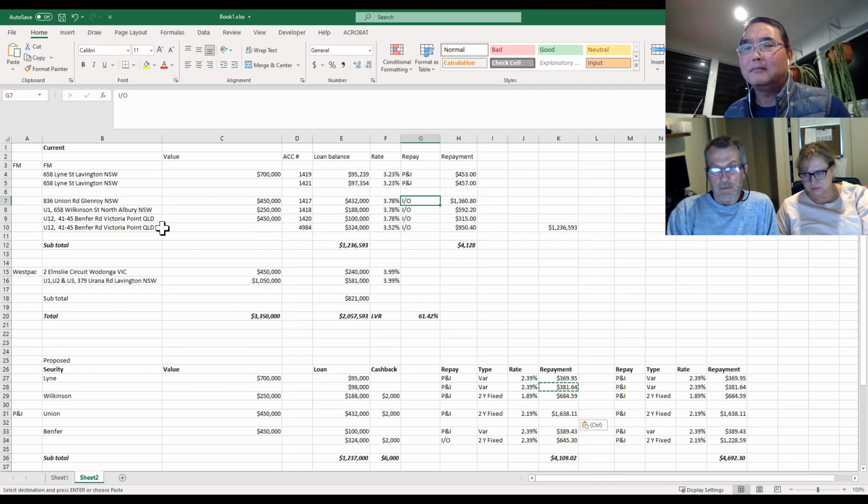I think that's better. To be honest, I'm not pushing you to refinance. No, I'm not in this kind of business. I think, honestly, it is better for you to take principal plus interest, pay less interest, and put money back into the equity. I think you should consider that.